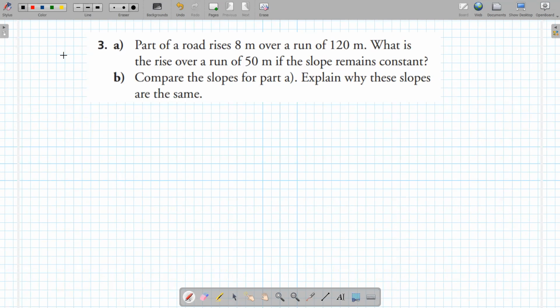So here, part of a road rises 8 meters. So there's a road, maybe it's going uphill or something like this. This is your road, and it rises 8 meters. So let's say there's some angle here. Which side of this triangle is 8? Opposite, hypotenuse, or the adjacent?